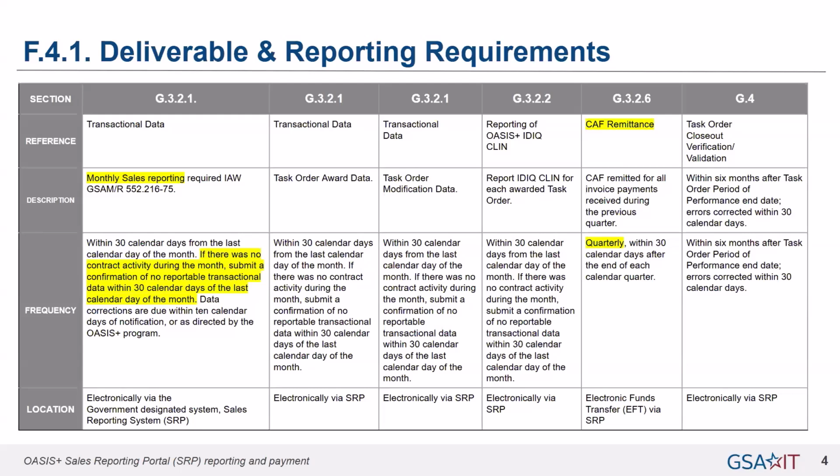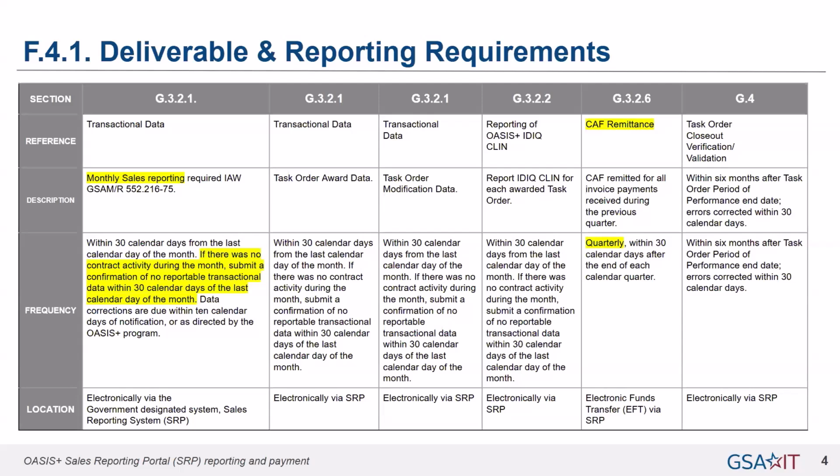Okay, so what does that mean? Monthly, and it's 30 days at the end of the month, right? And that 30-day deadline comes up again and again, right? So for sales reporting on a monthly basis, you have 30 days at the end of the month to report the sale on all active task orders. And that's the key.